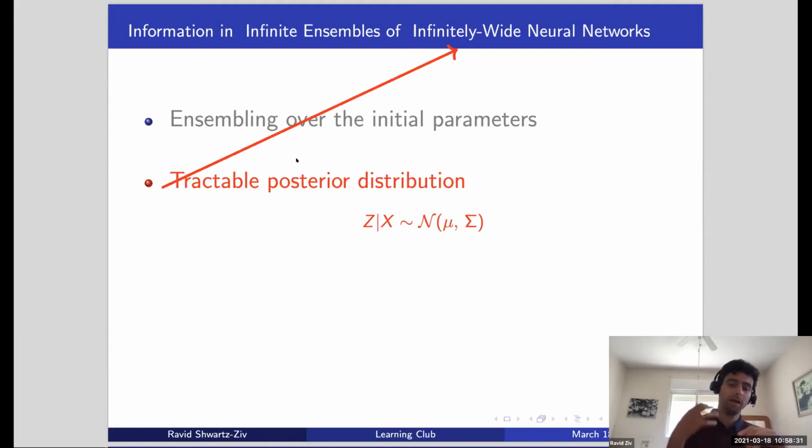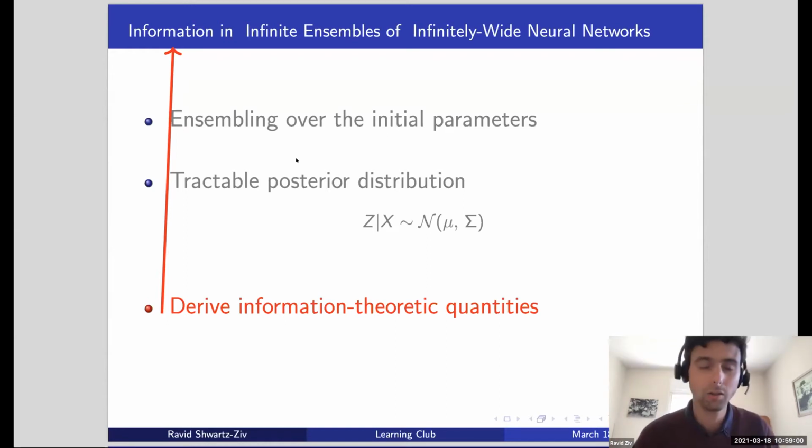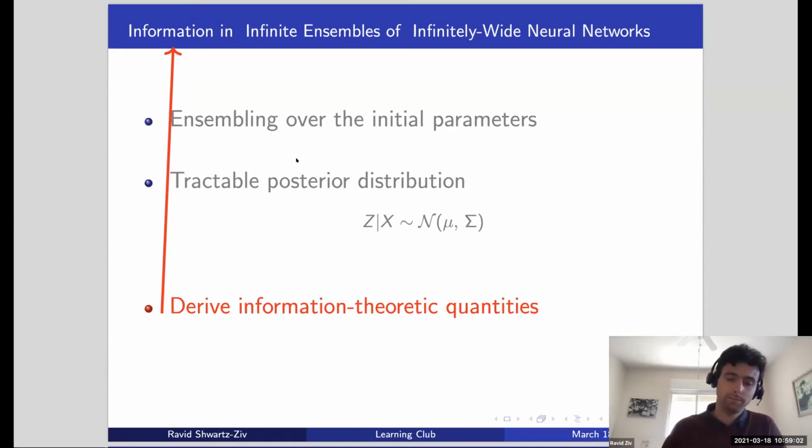It's a Gaussian, and then using this tractable distribution, we can derive many information theoretic quantities, and we can play with them, and we can check the relationship between compression, generalization, and all these information theoretic quantities. Okay, so we use the infinite ensembles and we use the infinitely wide neural networks, and now we can calculate the information theoretic quantity.